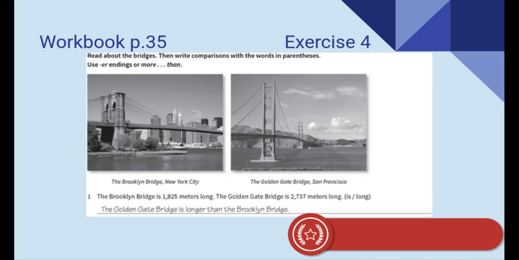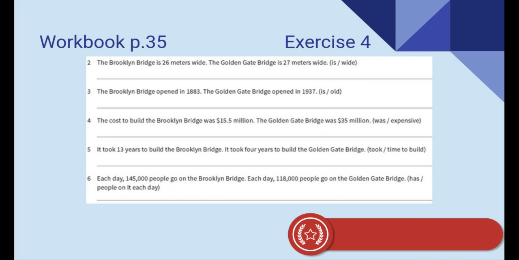The Brooklyn Bridge is 1,825 meters long. The Golden Gate Bridge is 2,737 meters long. We need to use is long. Here, we're saying the Golden Gate Bridge is longer than the Brooklyn Bridge. Great. Now pause the video and work on the rest.